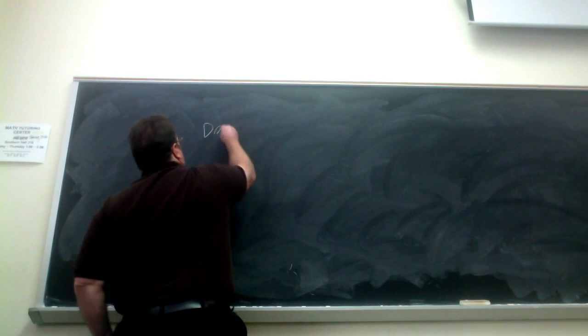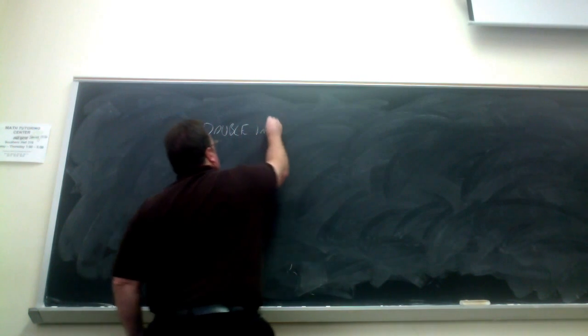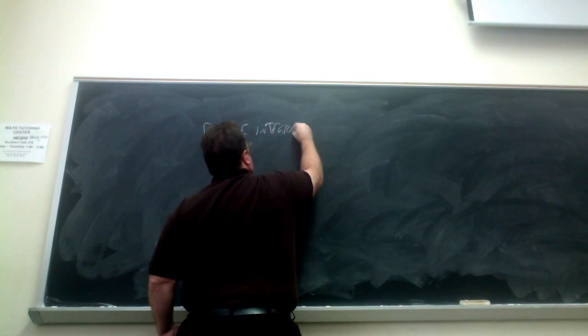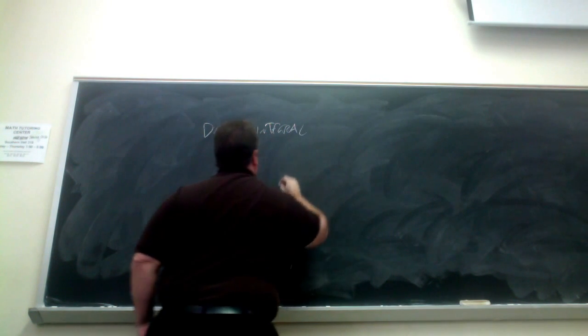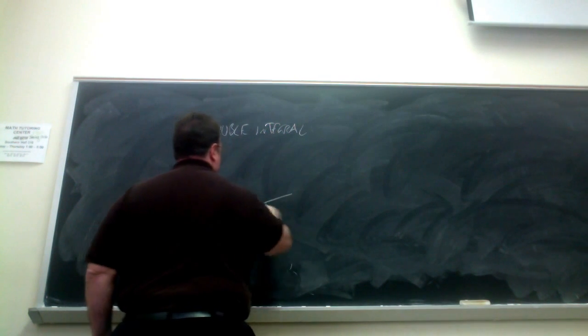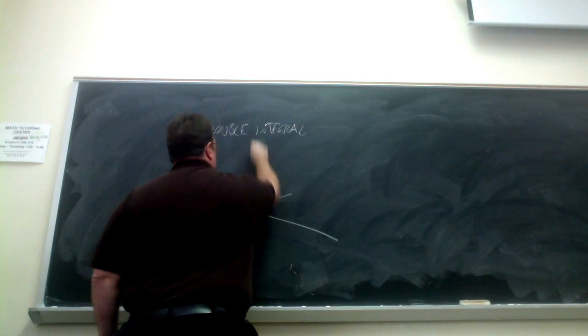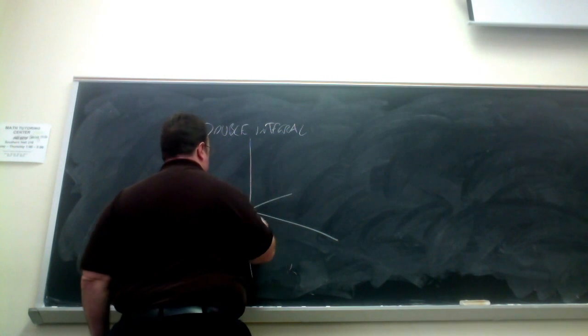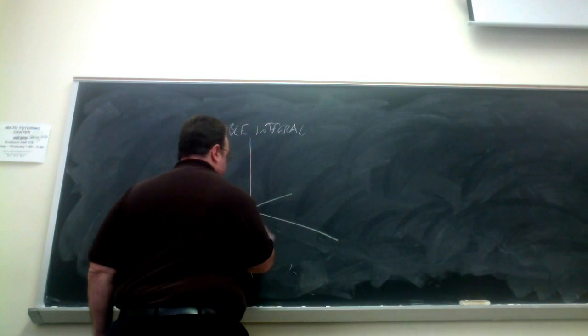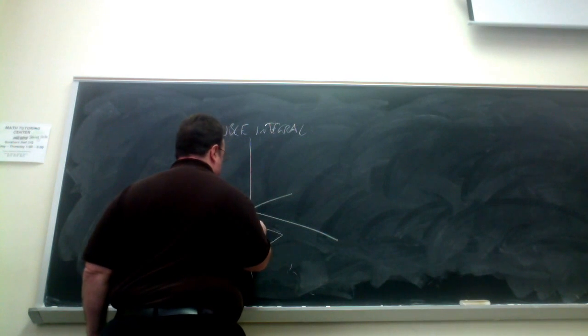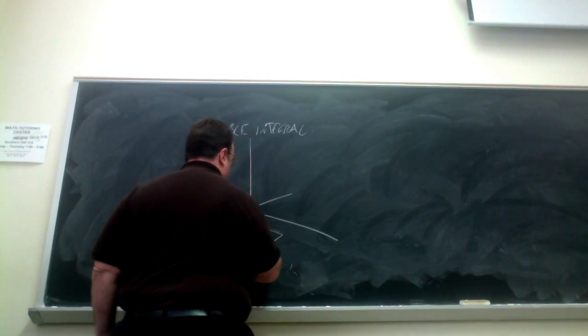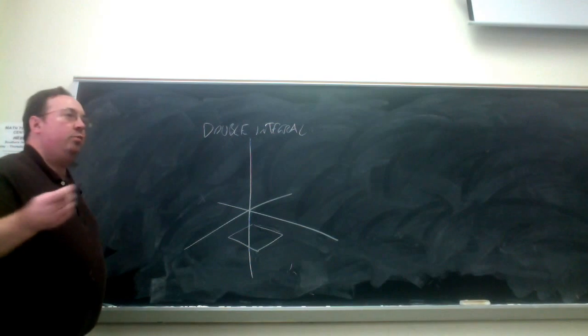So a double integral, geometrically what's happening is you have some region, and at first we're going to use the simplest region possible in two-dimensional space, a rectangle.